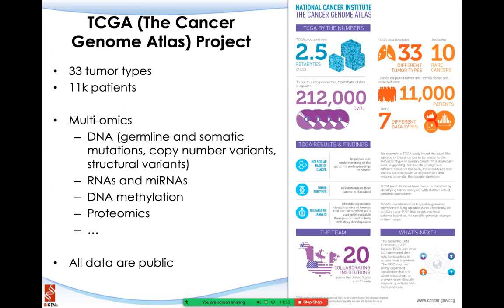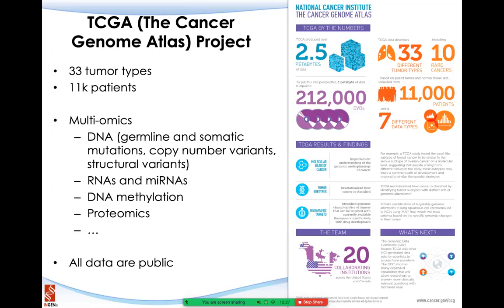They not only sequenced the DNA or RNA, but tried to sequence many different types of molecular features of these tumor cells, including the DNA part, which identified germline and somatic mutations, copy number variation, as well as structural variations. At the RNA level, including messenger RNA, total RNA, and microRNAs. And also DNA methylation as well as proteomics data.